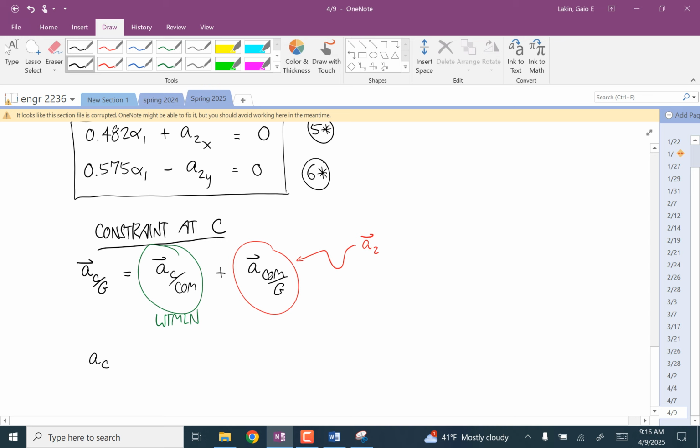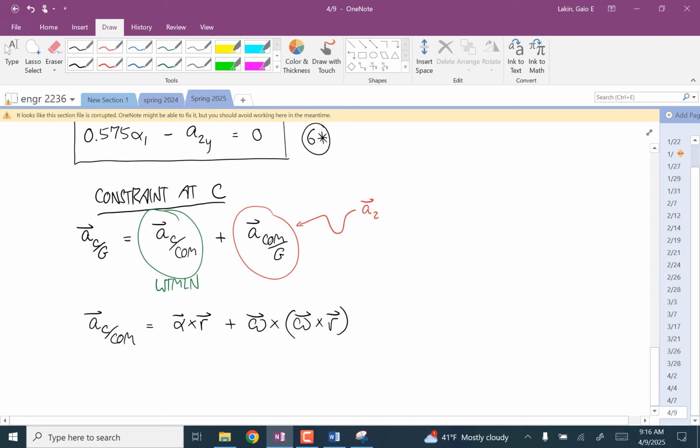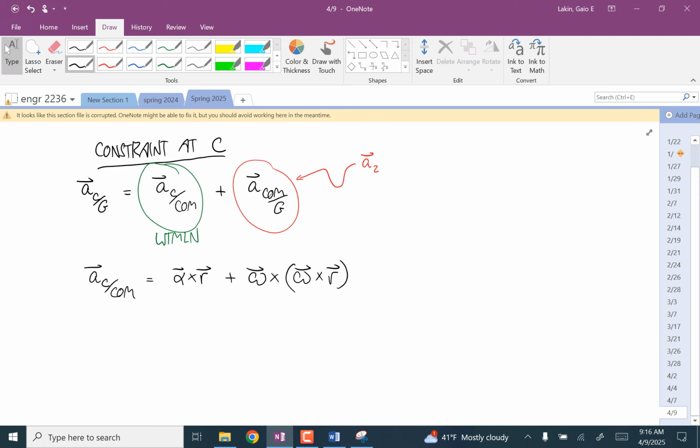The acceleration of c relative to the center of mass is alpha cross r, all ripe watermelons will rot. Alpha is 0, 0, alpha 2. Omega is 0, so this part goes away.